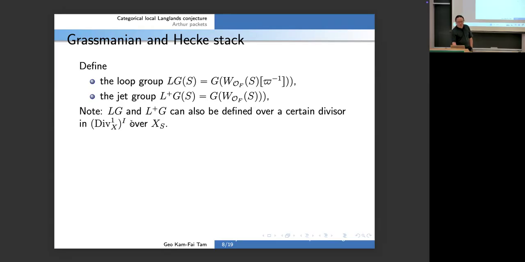So this divisor plays the role of that conductor. If you have a larger conductor, you try to understand more the geometry of the automorphic space.